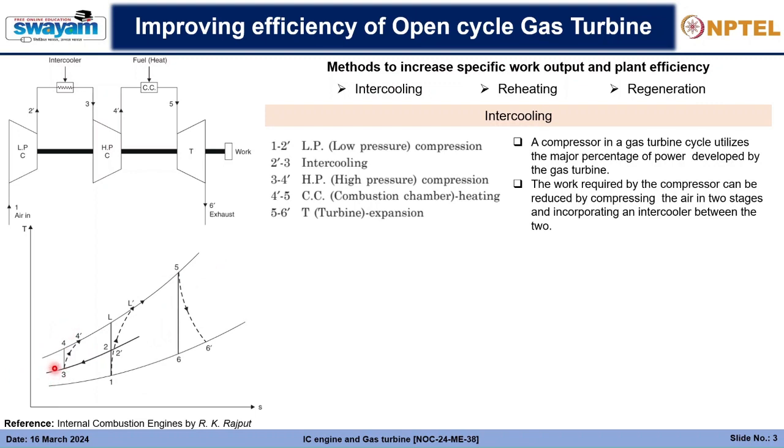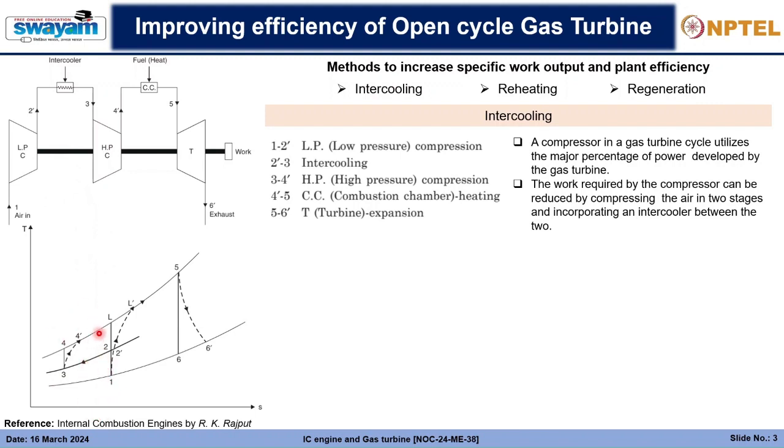So if you can imagine, raising the pressure from here to here in this process will be lower than raising the pressure from here to here, right? And that's why the work required in raising the pressure at this low temperature range is lesser in comparison to the work required in raising the pressure in the higher temperature range, and that's how the work required by the entire compression process is reduced.